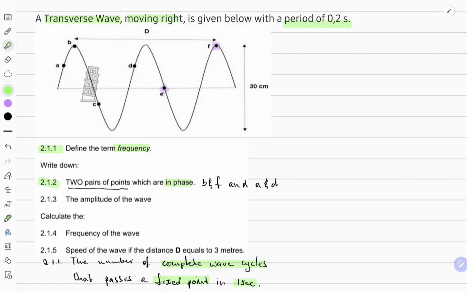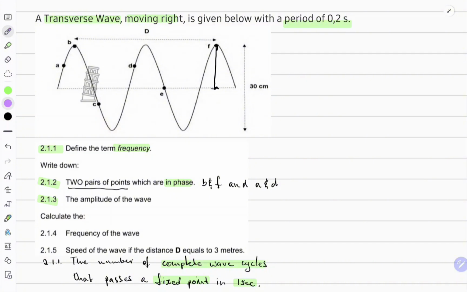So the next question says, write down the amplitude of the wave. Now the amplitude is defined as the maximum displacement a particle can assume from the equilibrium position. So let's take a point on the equilibrium, this point here. You can see that the maximum position from the equilibrium is called the amplitude.